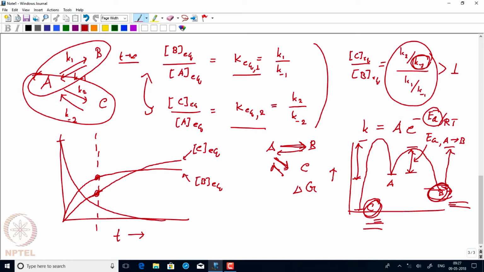There are 4 rate constants, and let me summarize this part.